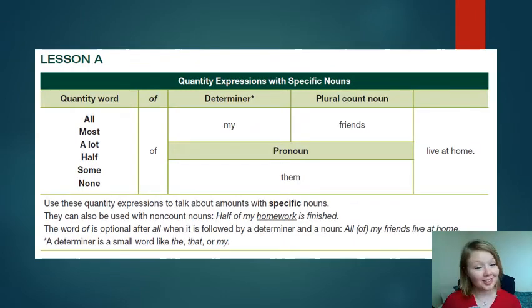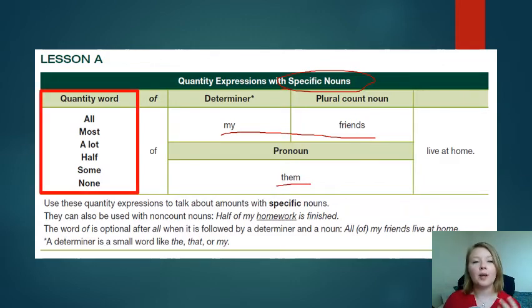Remember this chart? Let's go ahead and review quantity expressions with specific nouns. Remember, if we are talking about a specific situation, like if I am talking about my friends or using a pronoun like them, I start with my quantity word and then use of.